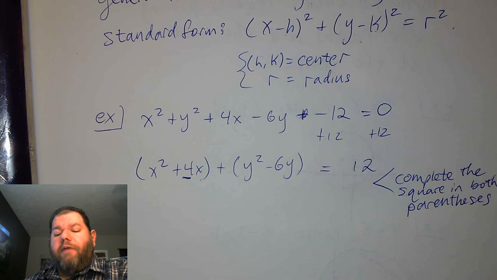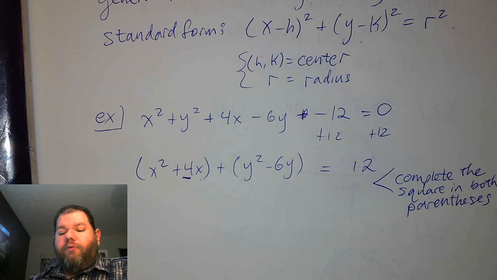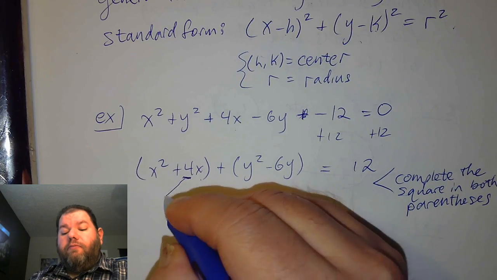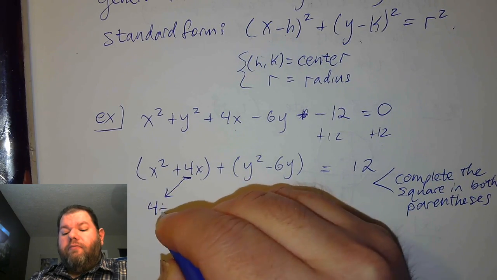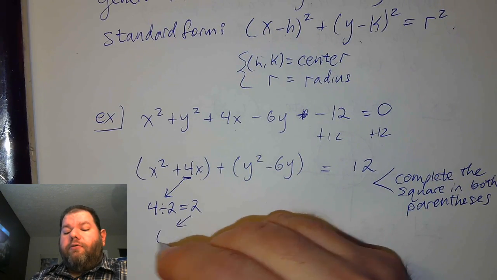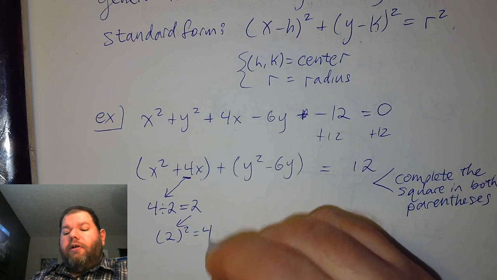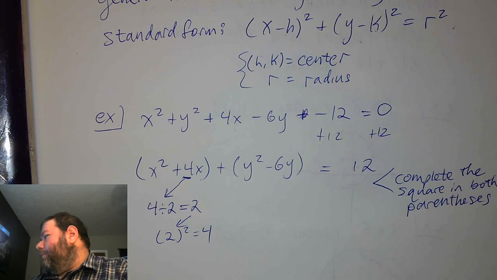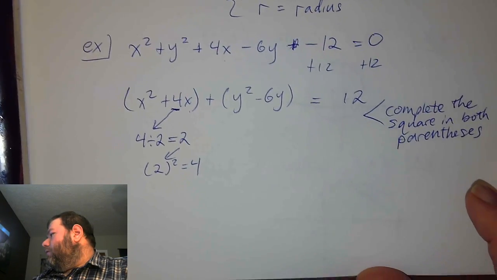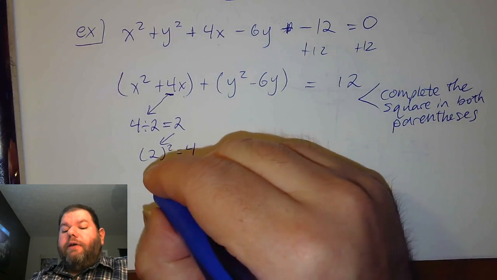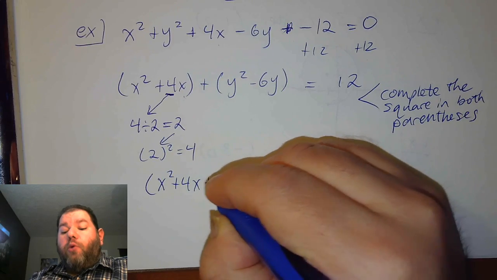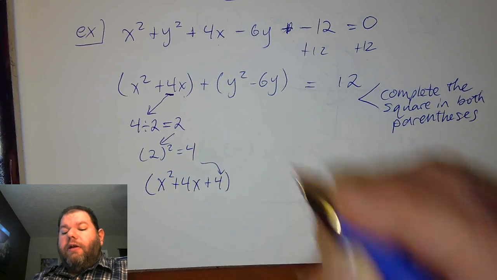So having a 4 there, we take whatever number this is, divide it by 2, which gives us a 2, and we'll take that result 2 and then square it, and that gives us a 4. So that is x squared plus 4x, and then we'll take that 4 that we just found and add that in.